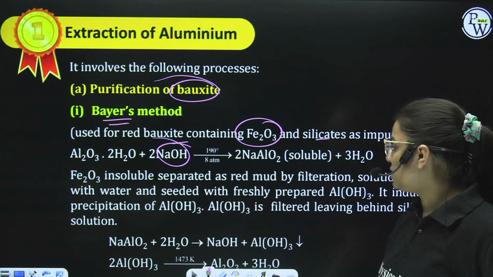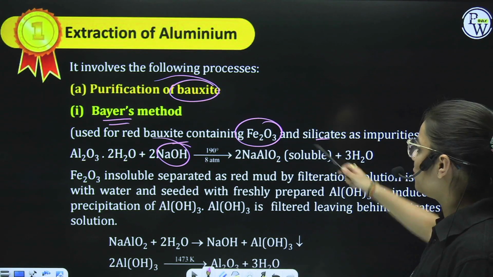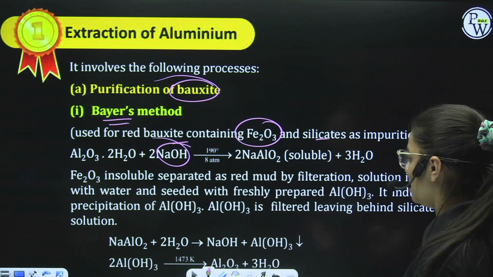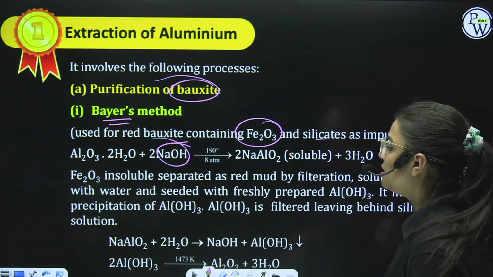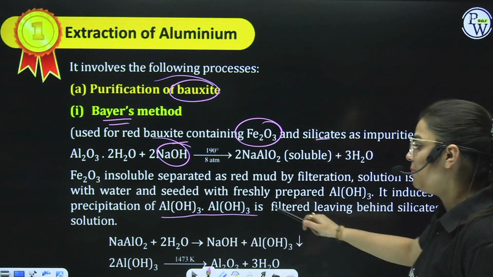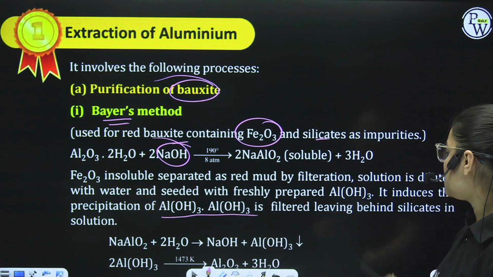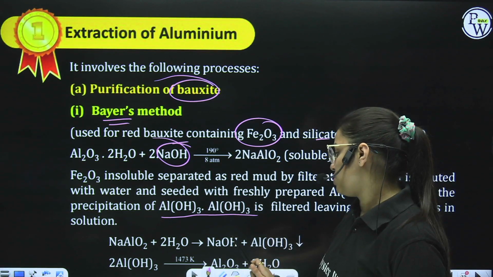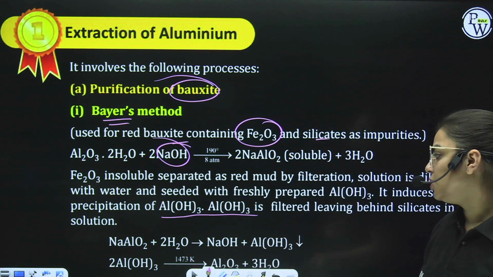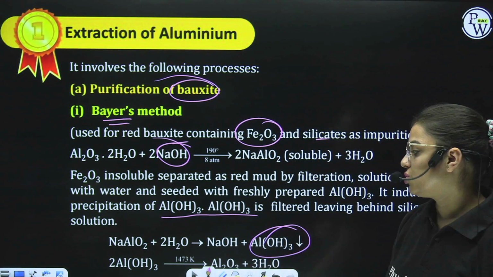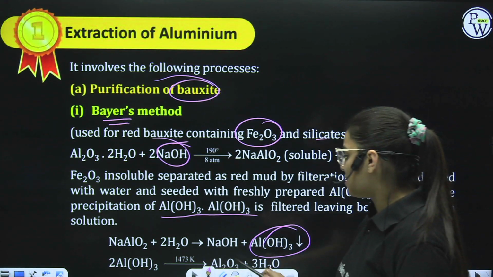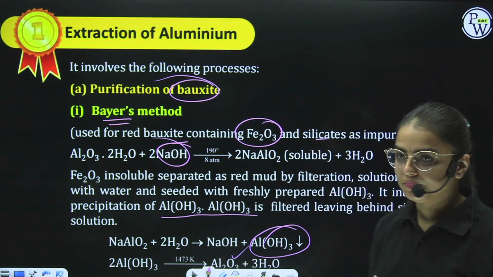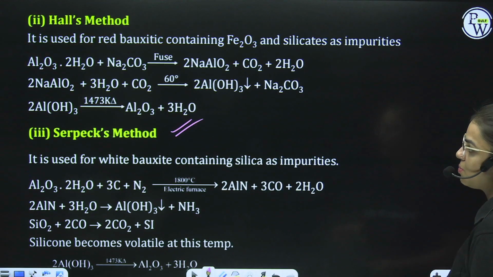It will separate out as red mud by filtration, so you will separate the impurity very easily. The next part induces the precipitation of Al(OH)3, and it is filtered, leaving behind silicates in the solution. So at last you are going to obtain Al(OH)3, which on further heating at a higher temperature will give you Al2O3. So this is the extraction of aluminium by this process.